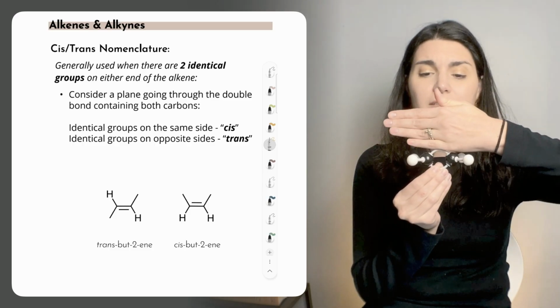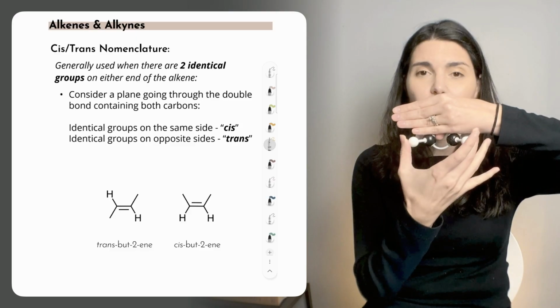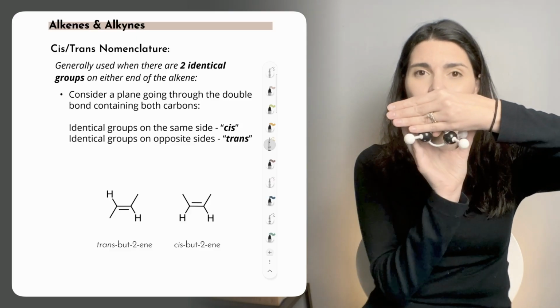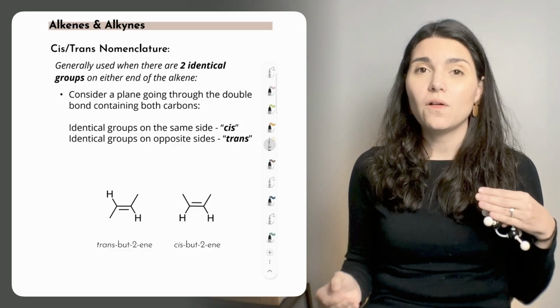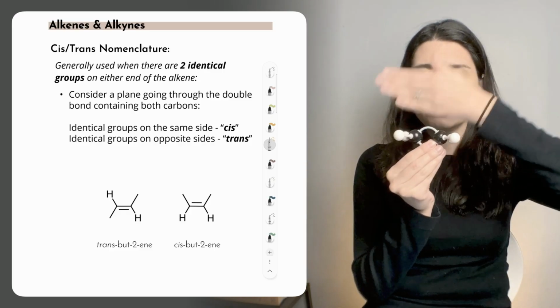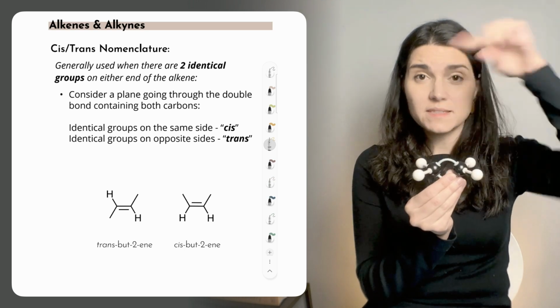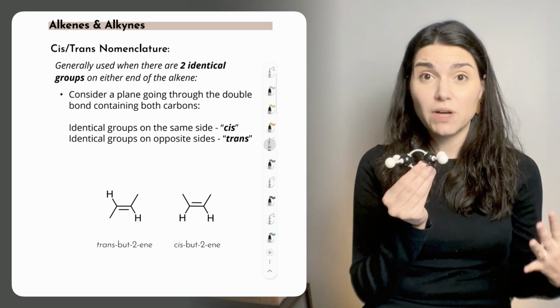Now, if the two identical groups are on the same side of that plane, so if they're both on this side or if they're both on the back side here, we're going to call that geometry cis. And if there's one on either side, so here's my plane cutting through, and if there's one on this side of the plane and one on that side of the plane, we're going to call that trans.